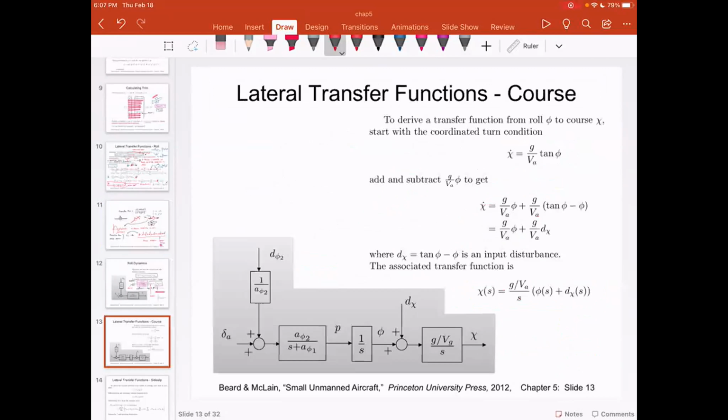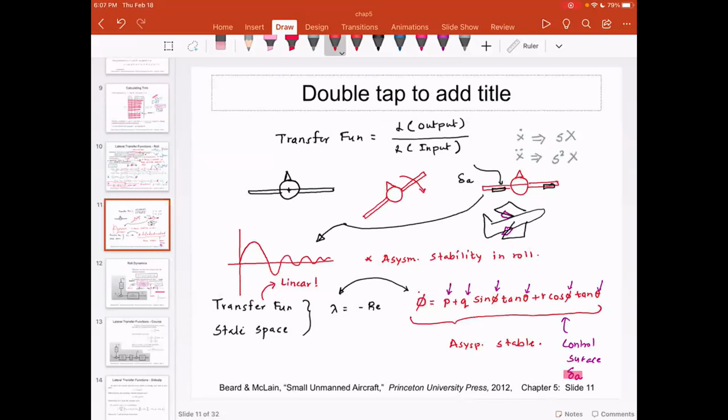Now, moving on, there is another aspect of the lateral transfer function that is related to the course. If you recollect what the course is, you have an aircraft. The aircraft has certain dynamics, and then you have the ground path. So we talked about the course angle and flight path angle.